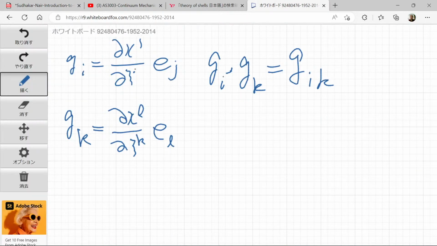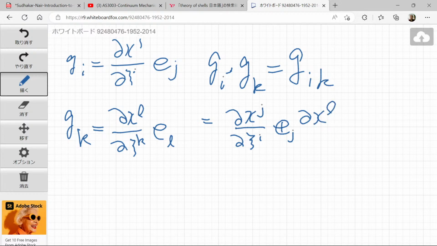So this GIK is like this: ∂x_j/∂ξ^i e_j and ∂x_l/∂ξ^k e_l. What about this?